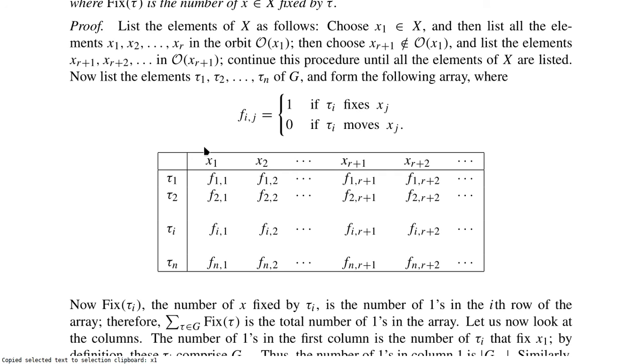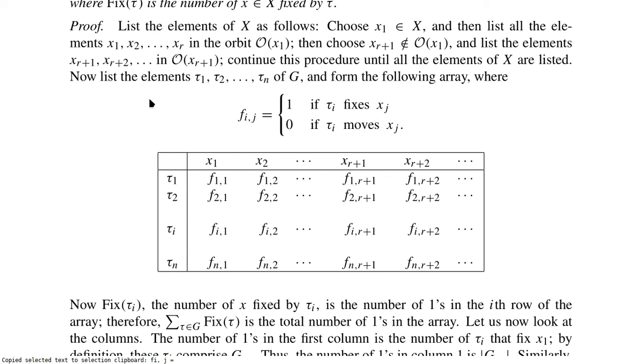For this particular x1, each of these taus would either fix x1 or would move it, right? So this is just notation, I believe. Fij just means that for a particular index of x, you're going to see if tau fixes it or not.